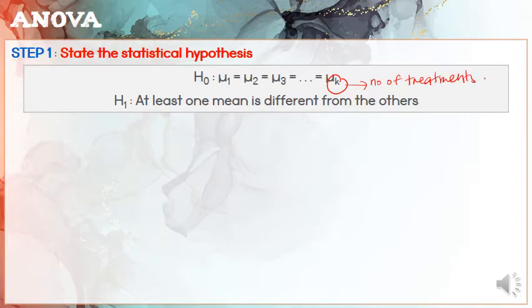And your alternative hypothesis will be at least one mean is different from the others. So please state your null hypothesis correctly, mu1 equal to mu2 up to however many groups you compare.